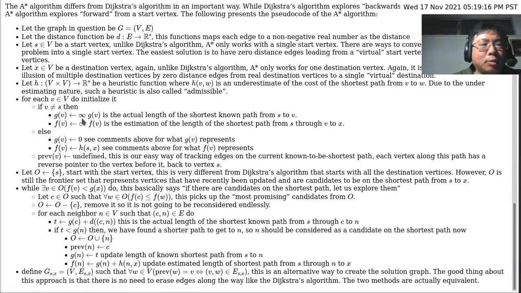Oh, this is not multiplication. This is actually just the first part, and the second part is a comment. So this is the divider of how we assign a value to g of v, and then it explains what g of v is about. There we go. I do apologize, it's not clear. The second part is basically comments.